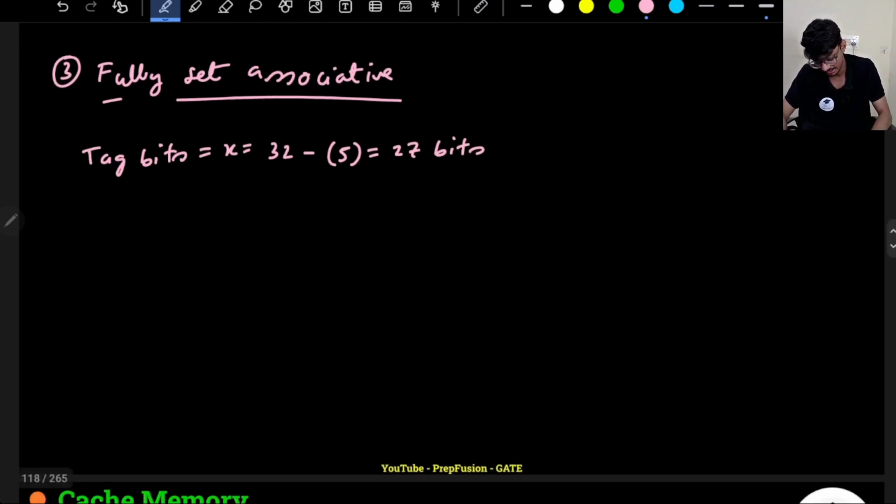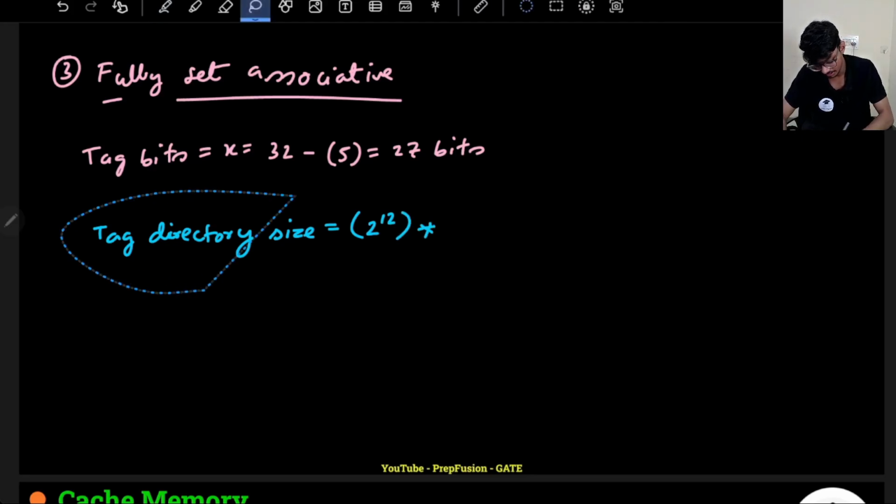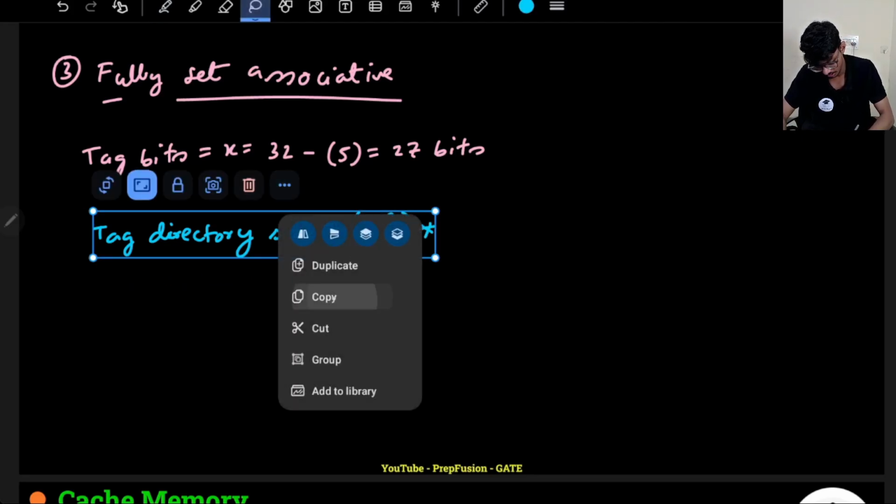So what will be the tag directory size? This will be 2 raised to power 12, because this will be the same, right? This will be the number of cache memory blocks times whatever the tag bits is. So I will copy this in the other ones as well.